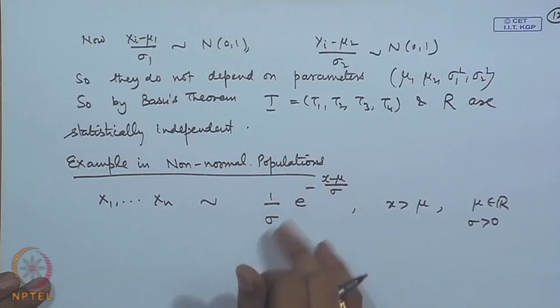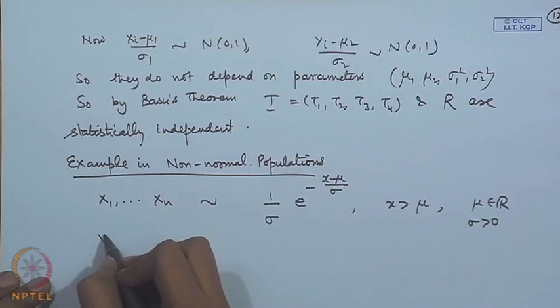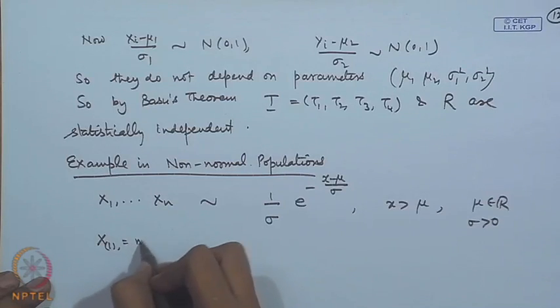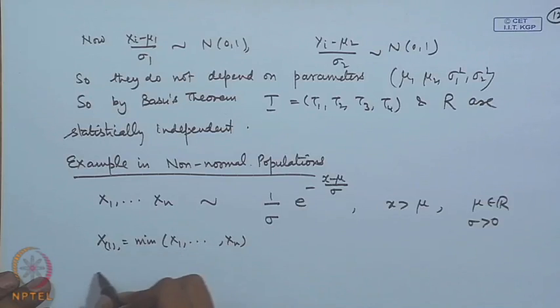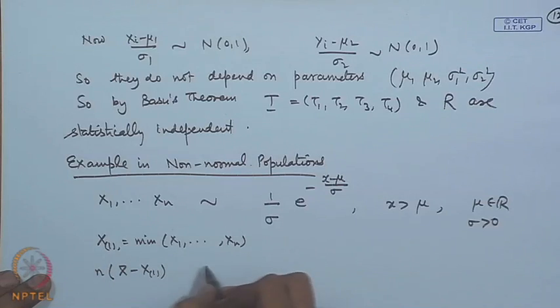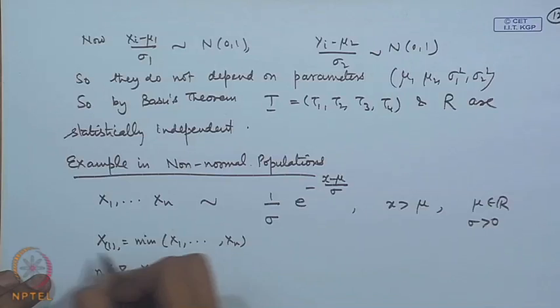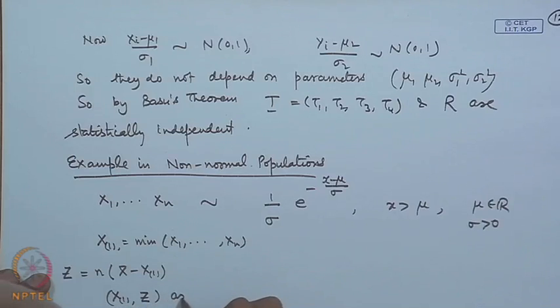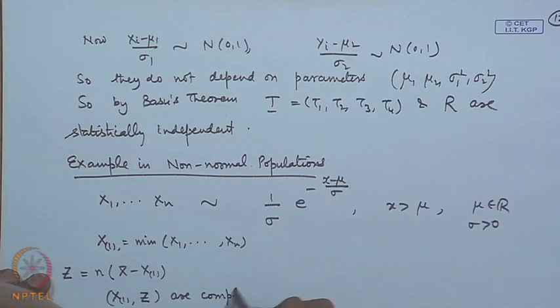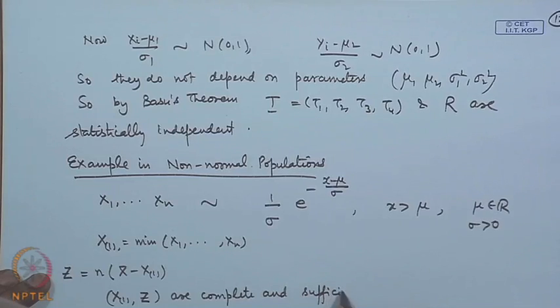However, we have earlier shown that x 1, that is the minimum of x 1, x 2, x n, and if I consider, say, n times x bar minus x 1, then let me give some name to this, let me call it, say, z, then x 1 and z are complete and sufficient.